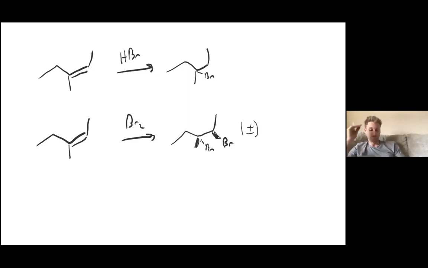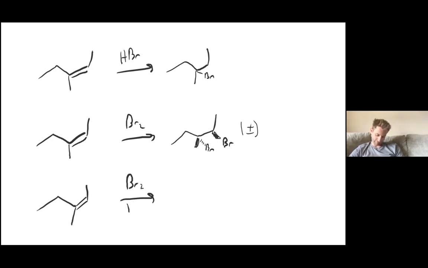Our third reaction that we can do, I'm going to draw out the reaction, and then we'll talk through the mechanism. If we take the same starting material, add in Br2 and then water, what we're going to get is anti-addition of Br and OH.